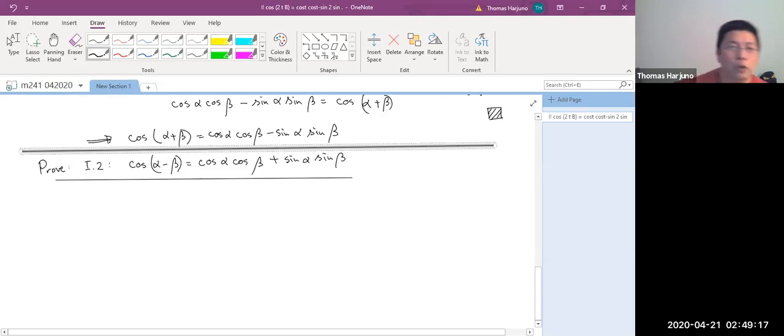Now, we will use the formulas that we already had earlier. The proof, we will prove from left-hand side.